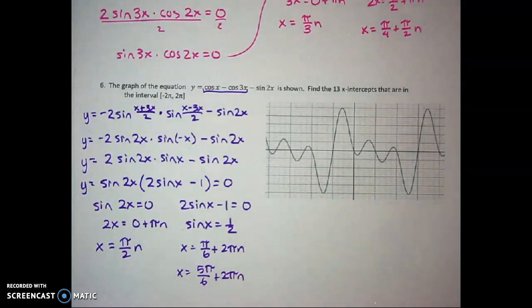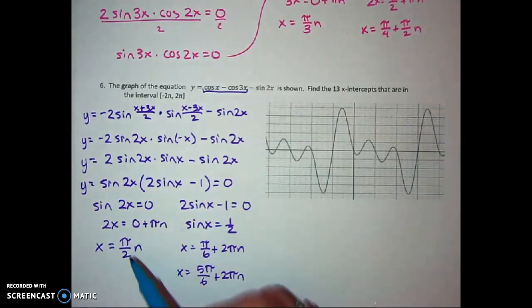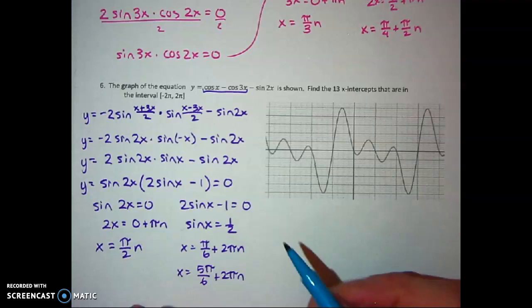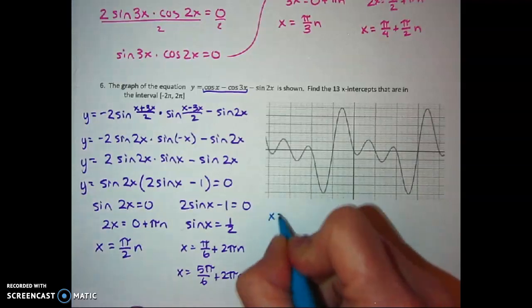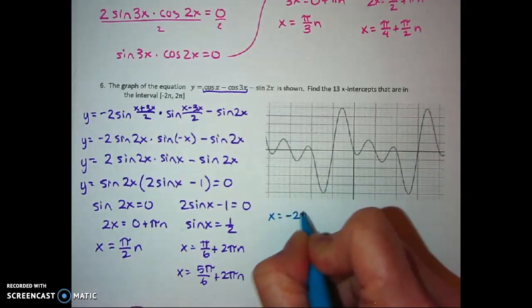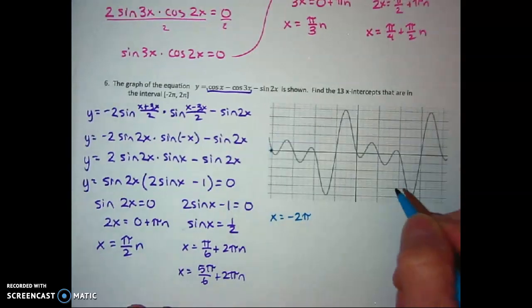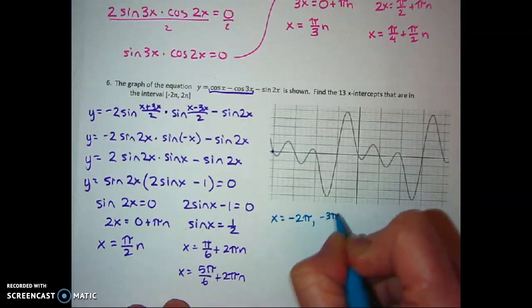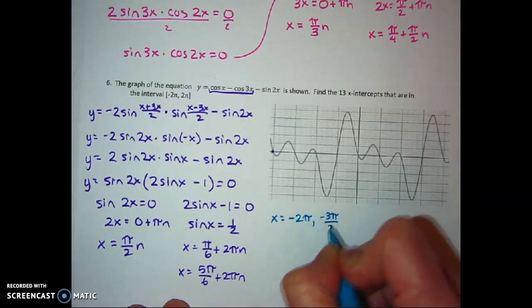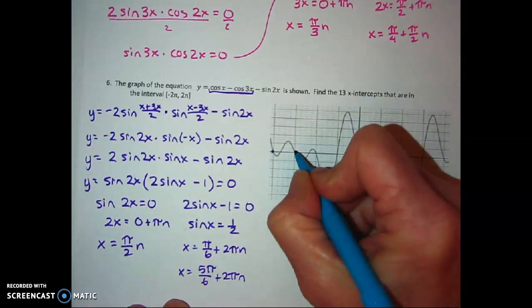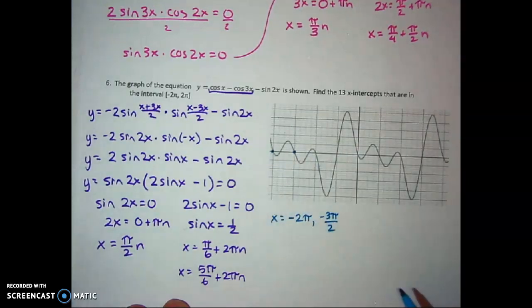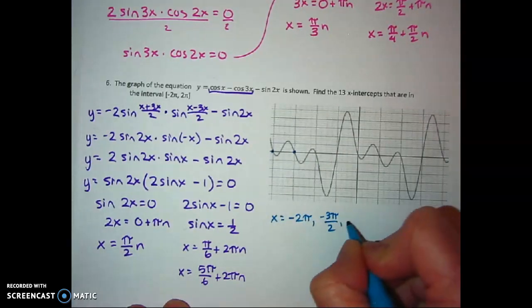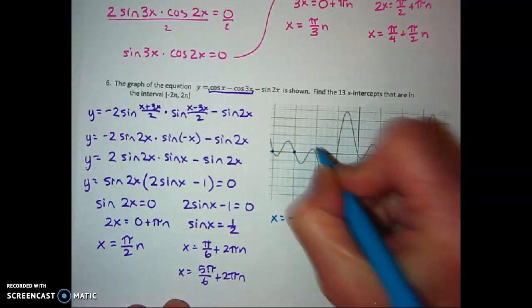Now, we need to find when those occur from negative 2 pi to positive 2 pi. Well, if I multiply pi over 2 times negative 4, I get negative 2 pi. That's right there. If I multiply it by negative 3, I get negative 3 pi over 2, which is going to occur right there.